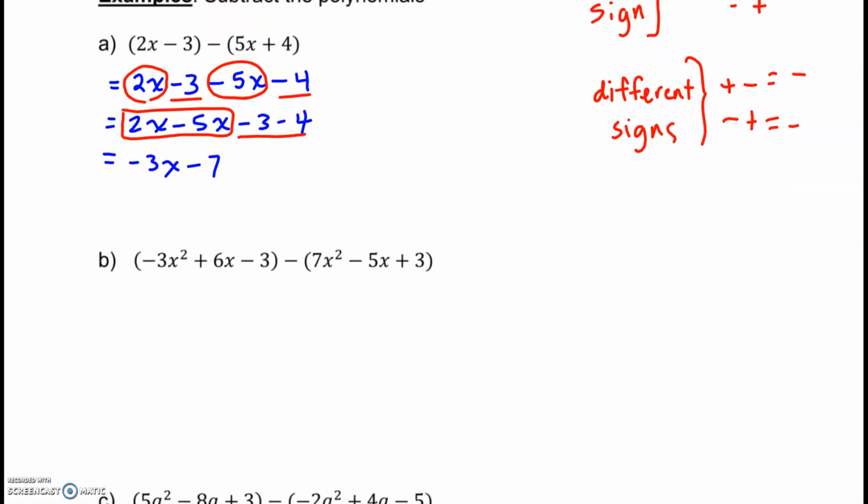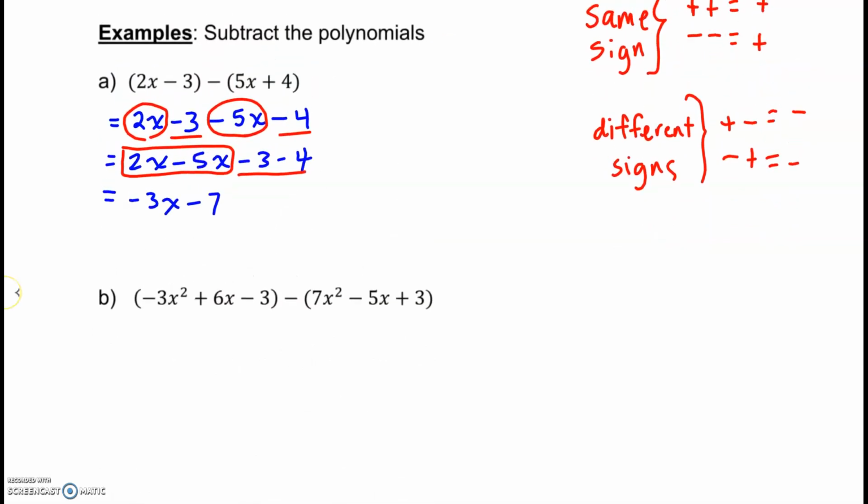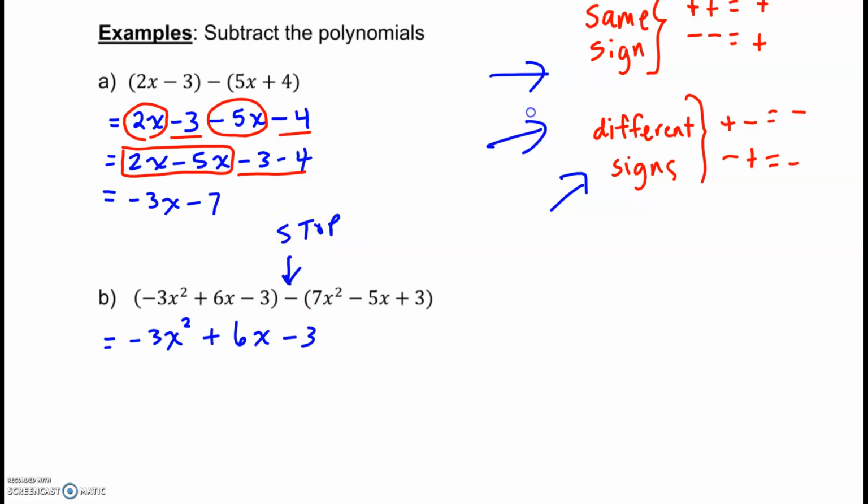So for the next one, remember the rules on the side here. We're going to keep using those rules. We'll start by lifting the brackets off the first polynomial. So -3x squared plus 6x minus 3. Then almost think of this sign here as like a stop sign, like it's telling us to stop, wait, use these rules.